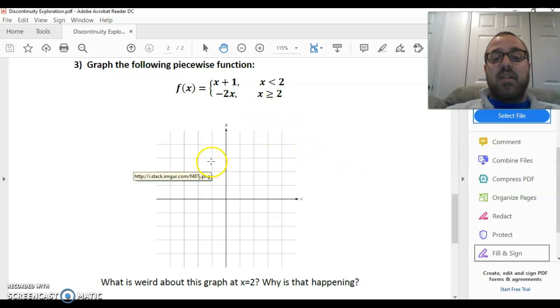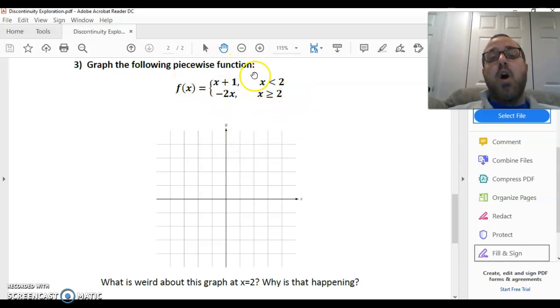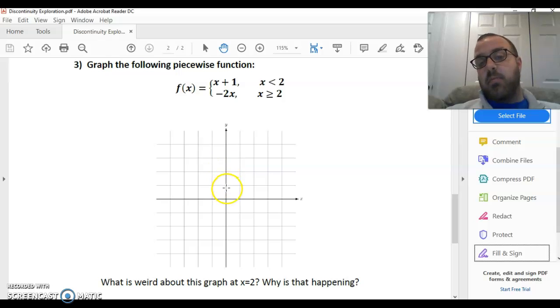What this function means is that there are two rules for the function. When x is less than 2, you go by the rule x plus 1, and when x is greater than or equal to 2, you go by the rule negative 2x. So if you are trying to figure out a point for 0, you would say, oh, 0 is less than 2, I'll put in x plus 1, and whatever I get out, that's the point I'll plot.